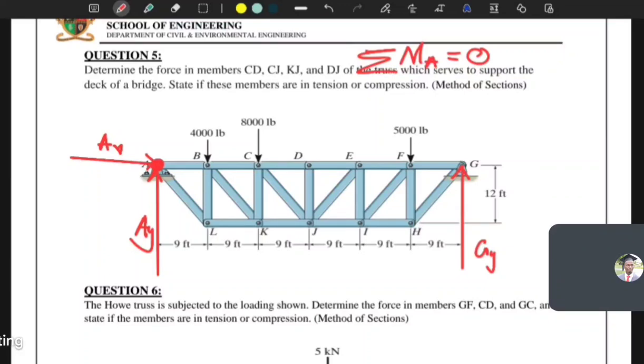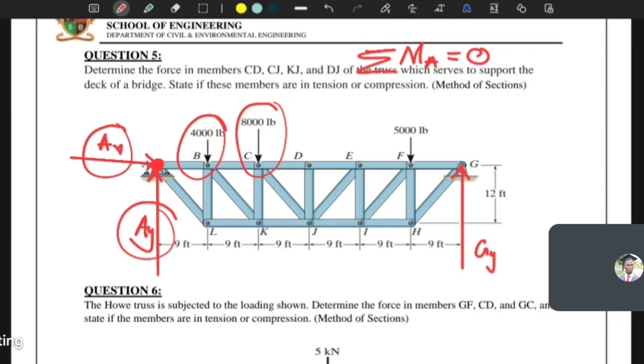So how do we proceed here? About point A, AX and AY, the two forces pass through A, so those two forces will not cause a rotation about point A. So I will only worry about the 4,000, 8,000, and 5,000, including the GY. They are the only forces causing a rotation about point A. The 4,000 comes first.